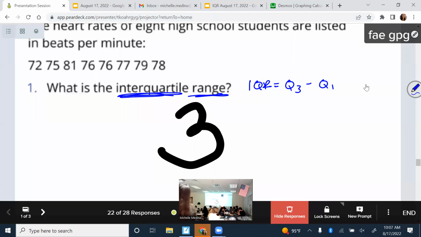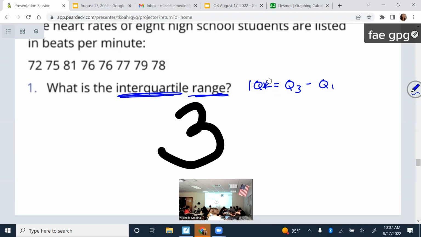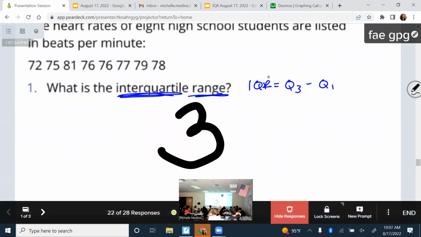So then interquartile range. When I'm identifying my Q3 and my Q1, what do I need to identify before that? Before that even. The median of the whole thing, which is the middle of your data.